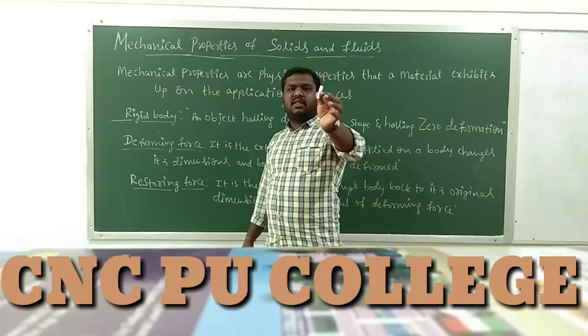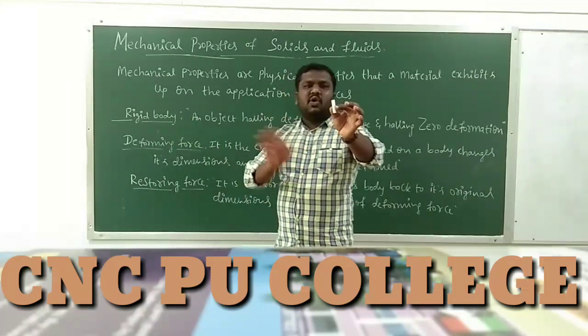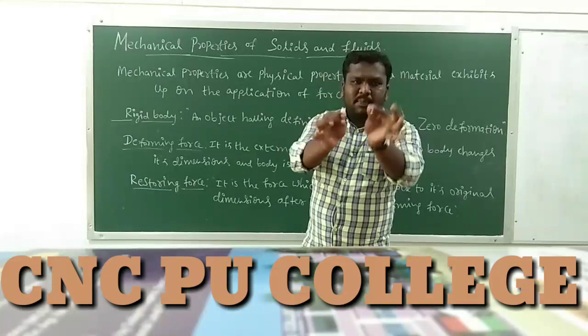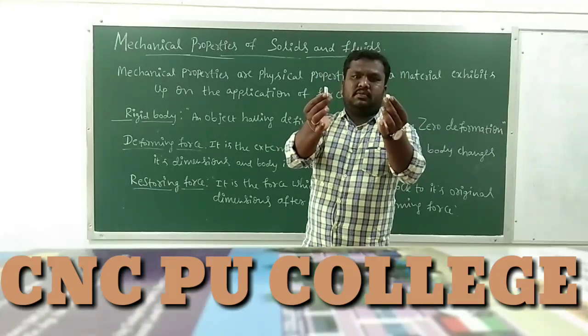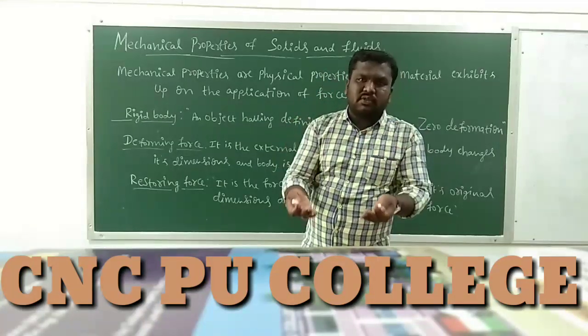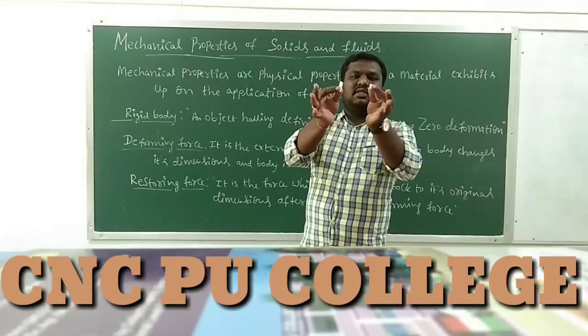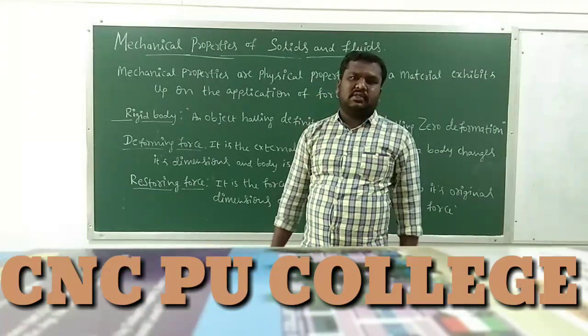Now, I have taken an example of the chart, but it is not truly rigid because if we apply more force, it is going to change its shape and size. Isn't it?